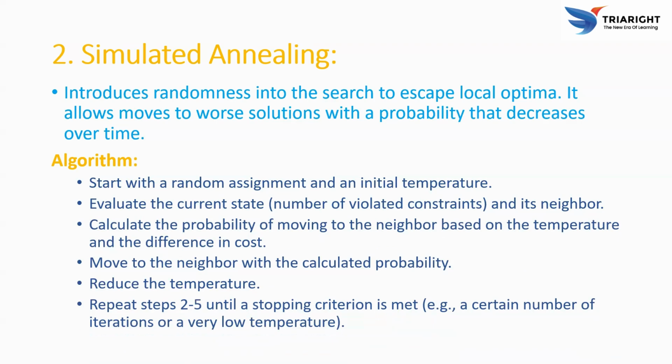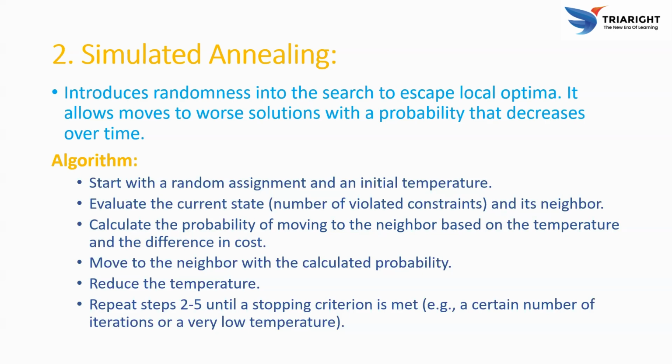Simulated annealing is inspired by the annealing process in metallurgy, where metal is heated and then slowly cooled to allow the atoms to settle into a low-energy stable configuration. It addresses the local optima problem of hill climbing by allowing downhill moves with a certain probability, especially at the beginning of the search.